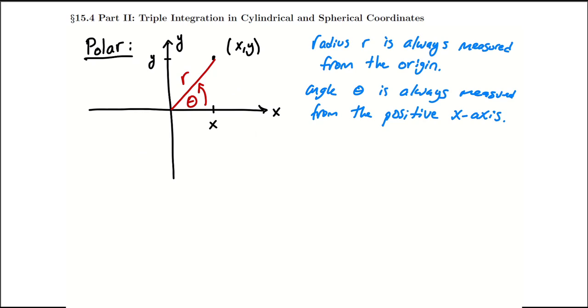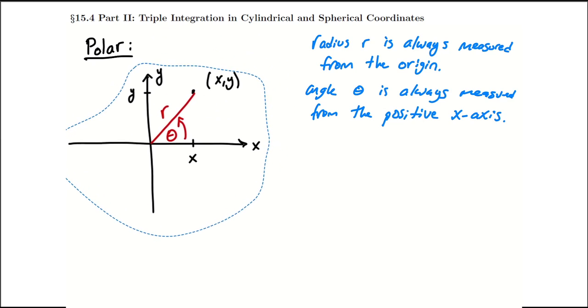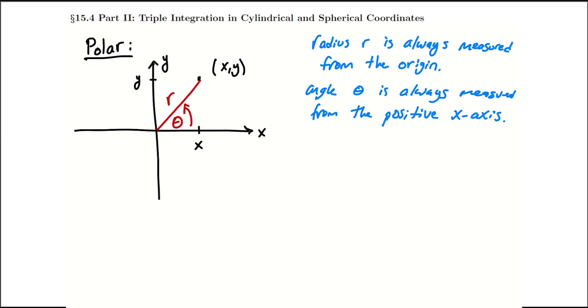What this means is that we can take this point x comma y, and it can be equivalently written as the polar point r comma theta.